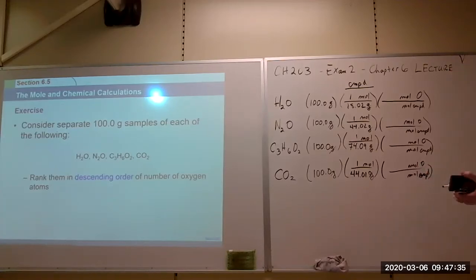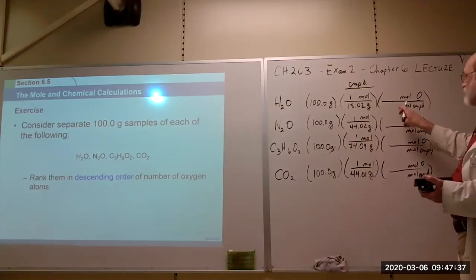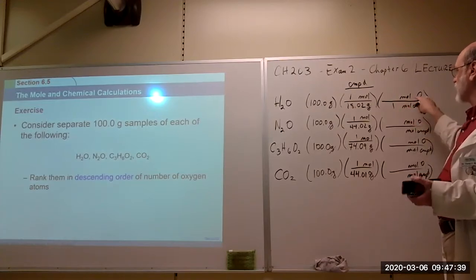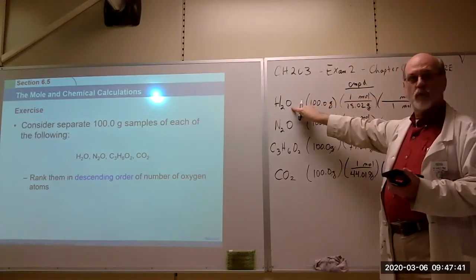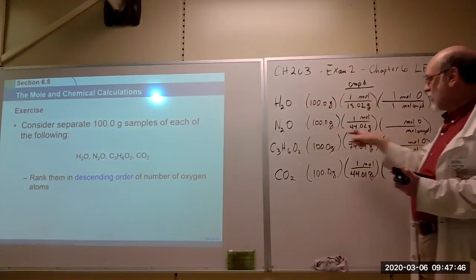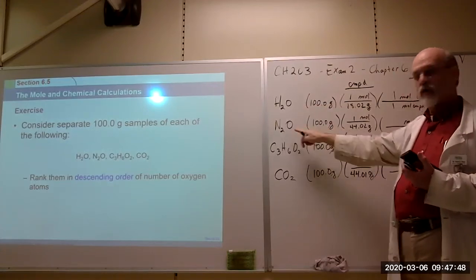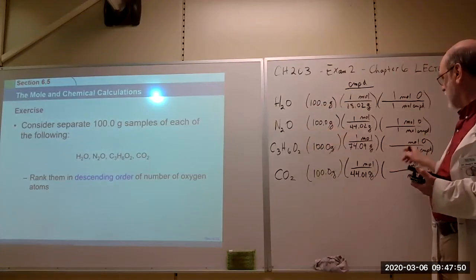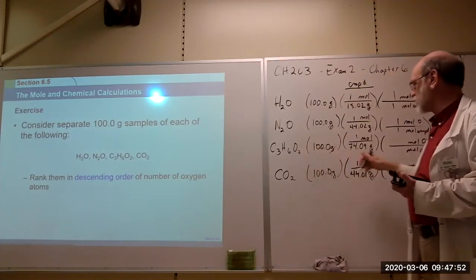Okay, so what's the relationship? Well, for every mole of compound, how many moles of oxygen do you have? 1. For every mole of compound, you still only have 1 for this one. For every mole of compound, you have 2 oxygens.